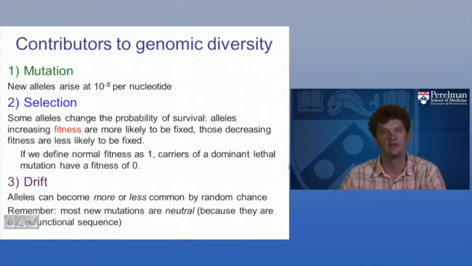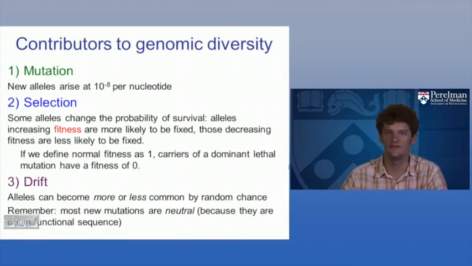Mutation is just one of the features that contribute to diversity in the genome sequence. We talked about new alleles arising at a particular rate, and once those alleles come along, they're subject to selection and to drift. Selection, as an intuitive concept, makes a lot of sense. If you have a mutation that decreases the chance of survival for yourself or your progeny, that's going to be less likely to be fixed later in the population, that is, become more prevalent and eventually become the only sequence present.